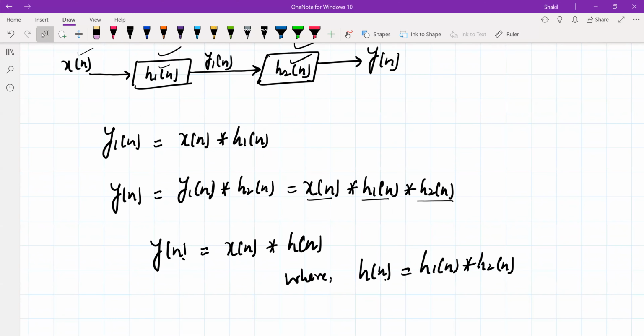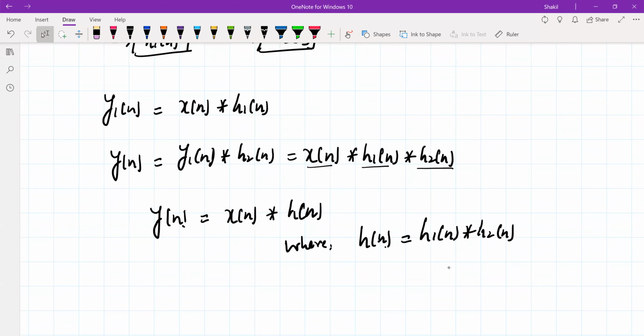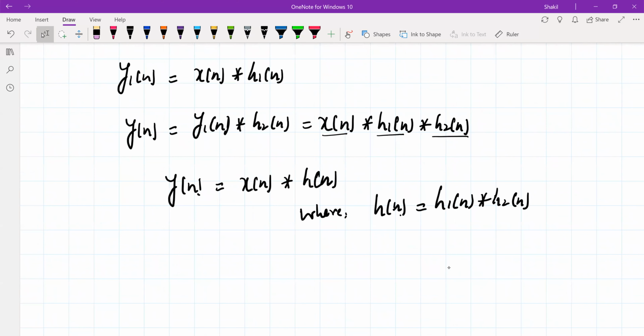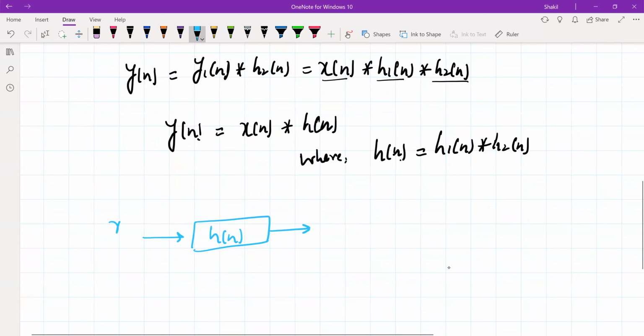So the overall impulse response of two systems connected in cascade is simply the convolution of the two impulse responses. You can replace the whole cascade system by another system whose impulse response is h of n.